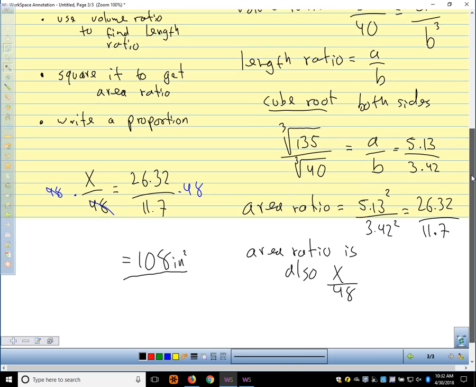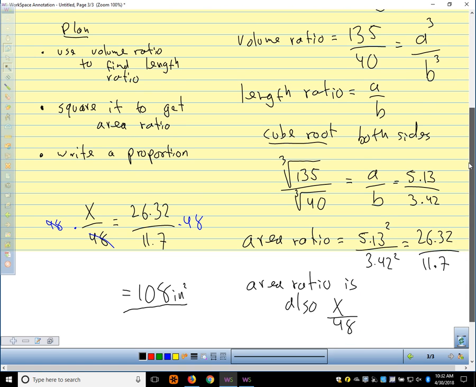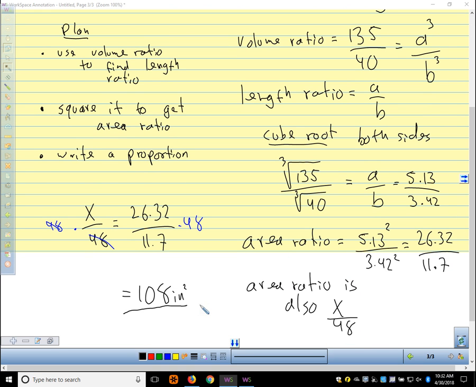And this is the area of the larger one, the surface area. So it better come out larger than 48 square inches. That's a way we can check. Got a bigger number. So that tells us at least we didn't make a mistake that way. All right, questions there?